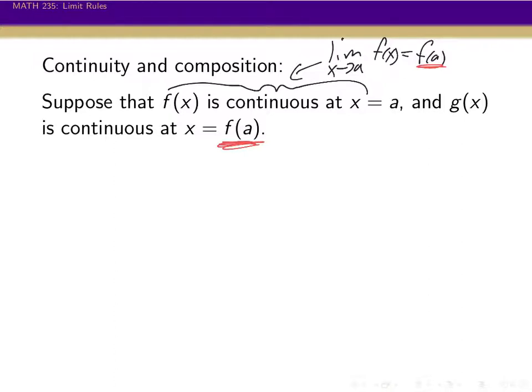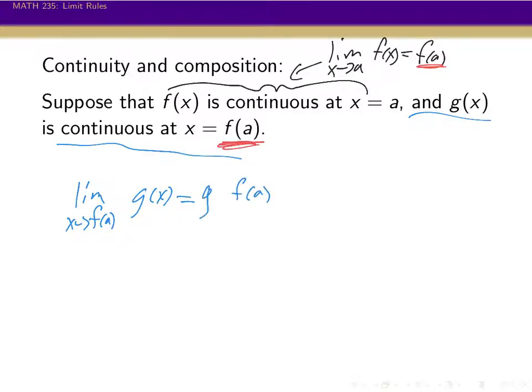And so this statement here, g of x is continuous at x equals f of a, means that we take the limit of g of x as x goes to f of a. Well, what do we get out of that? We'd be taking the x value that we're going to, which is f of a, and then plugging it into g at that point.